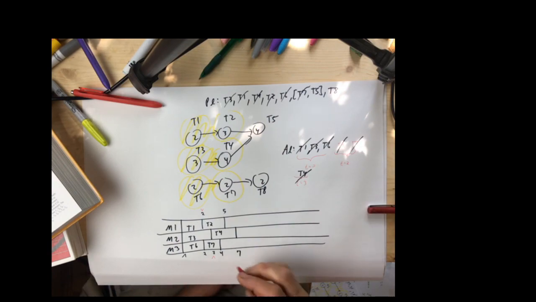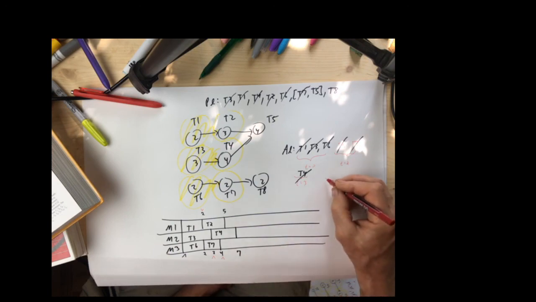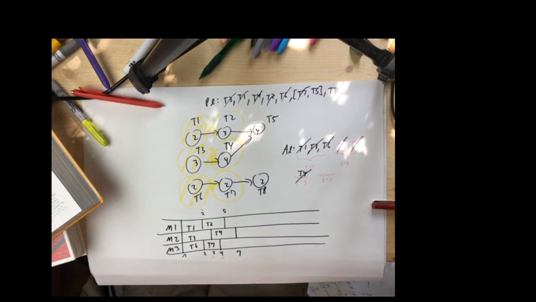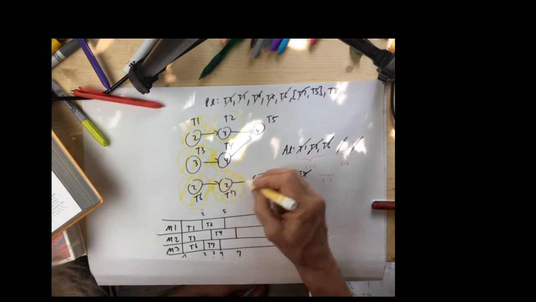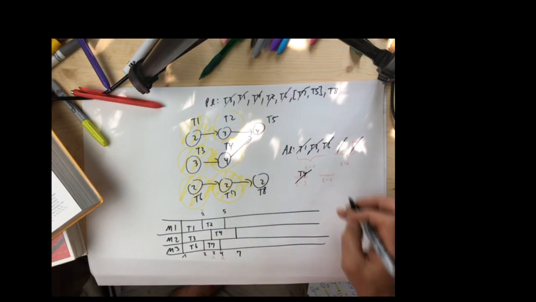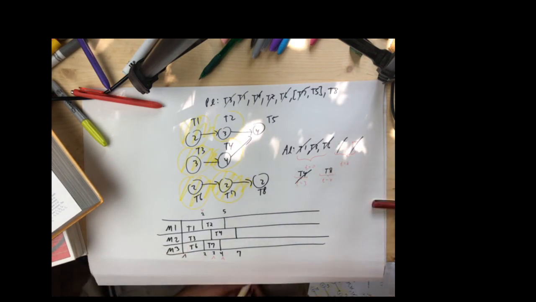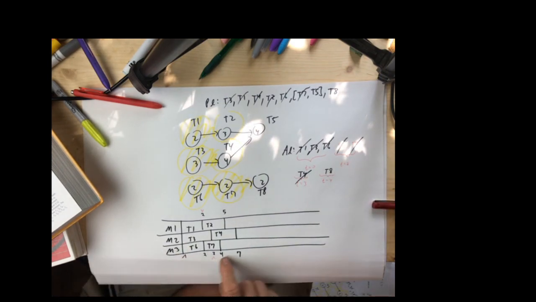So, move time forward to T equals 4. At T equals 4, T7 just got completed by machine 3. And T8 became available. 1 person stopped, 1 person needed a job.